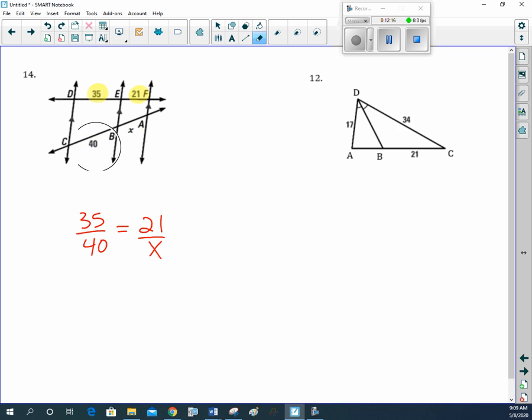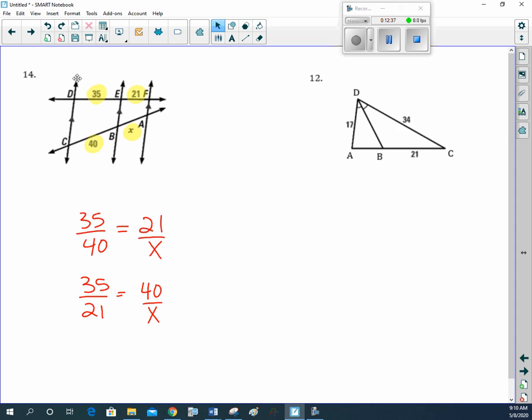Okay, let's go left to right. So I could go 35 to 21. But since I started on the left, that means I got to go 40 to x as the other one.